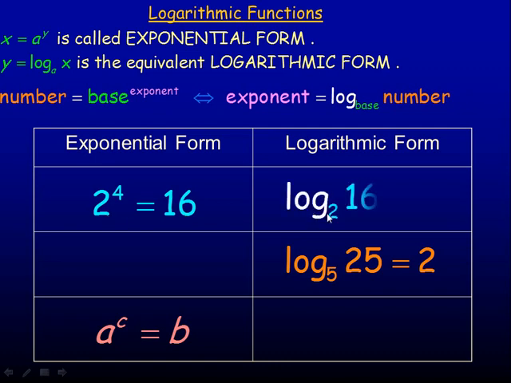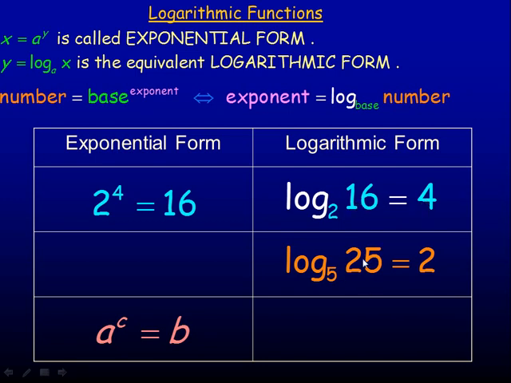So the logarithm of 16 base 2 is equal to that exponent 4. And again, if you were just given the log of 16 base 2 and you're asked to find out what number it equaled, it equals 4, because 4 is the power of 2 that equals 16. 2 raised to that power equals 16.